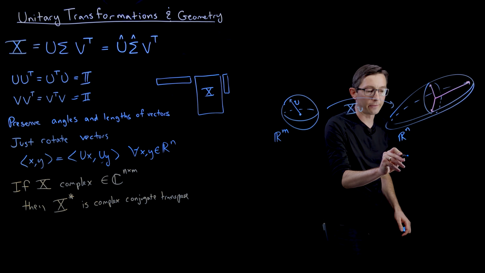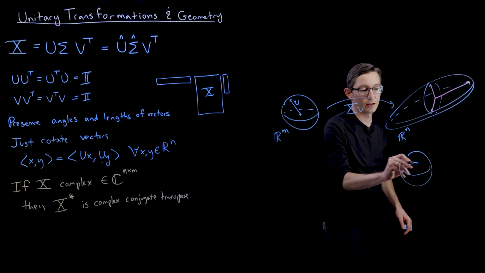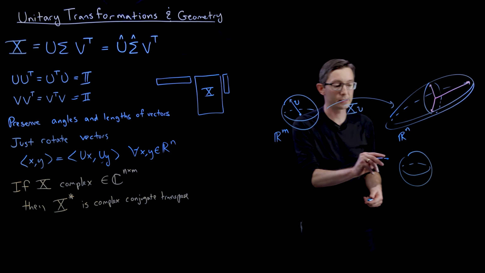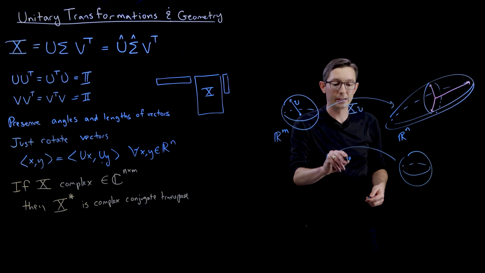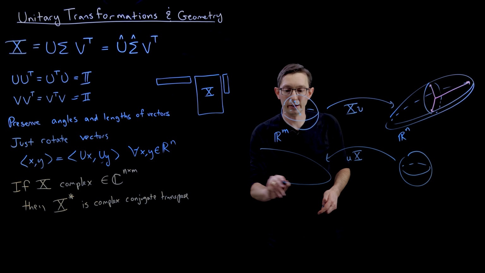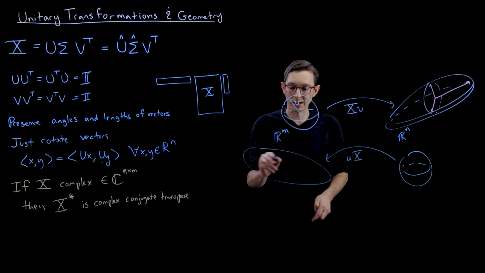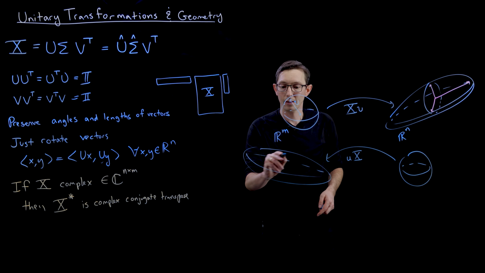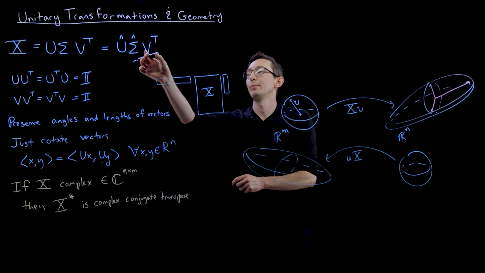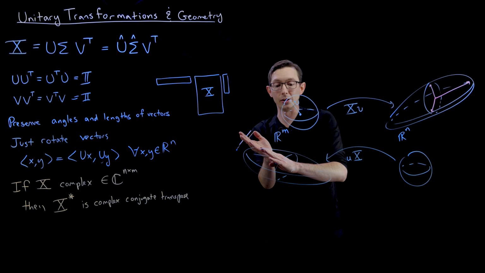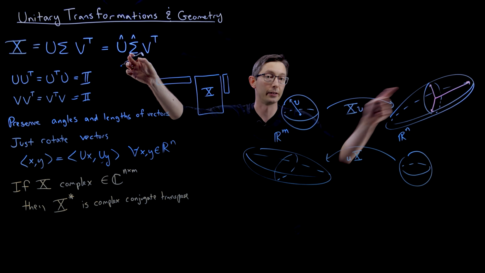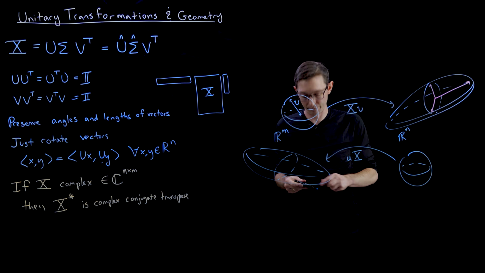Now similarly, if I take the set of unit vectors in Rn, I can multiply those on the left, these little u times X's, and I get another elongated ellipsoid in my m-dimensional space. And again, the orientation of this ellipsoid will now be determined by these singular vectors, by that rotation, and the elongation will still be given by the same singular values. Okay, so they'll have the same rough extents.